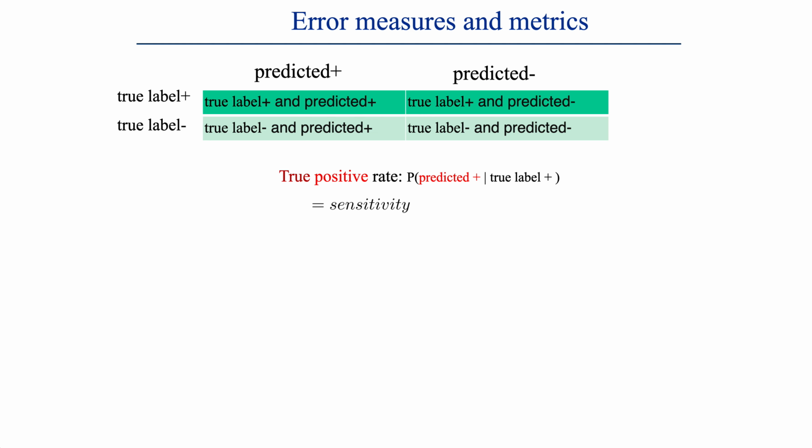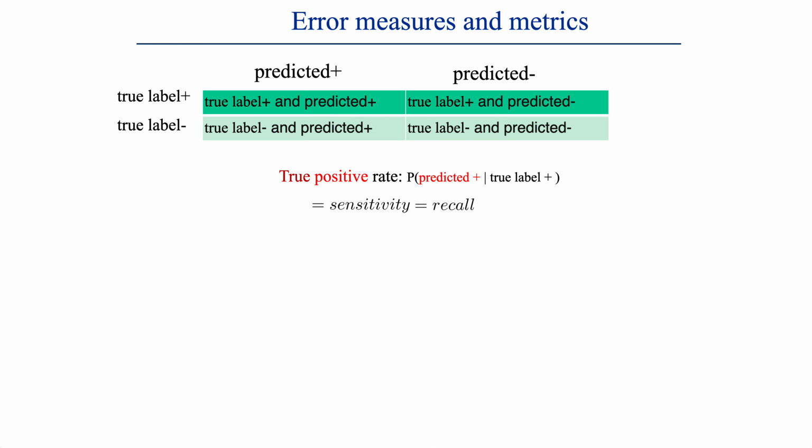Okay, this true positive rate is also called sensitivity. It's also called recall. Now you can remember those names, sensitivity and recall, because we are sensitive to the true positives and we can easily recall any true positive and show it with our test.